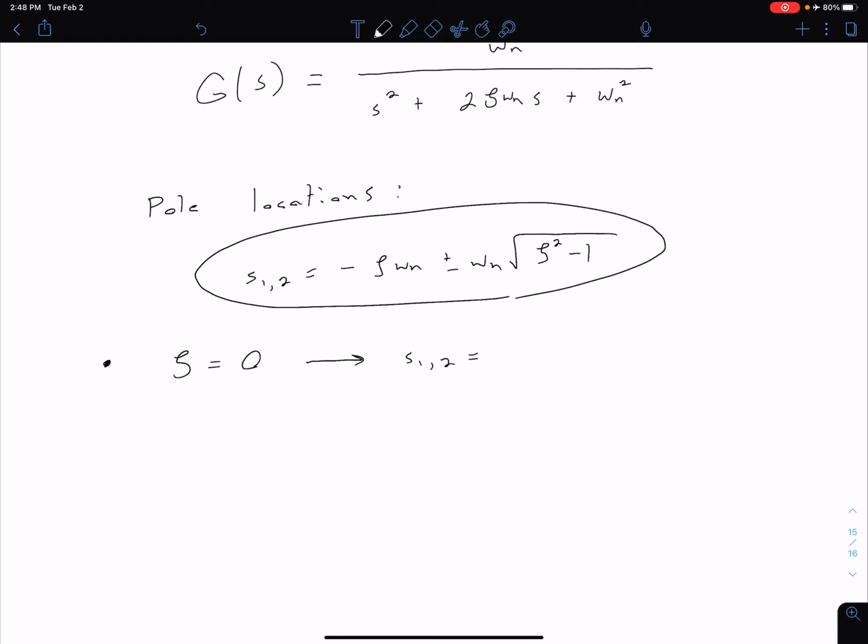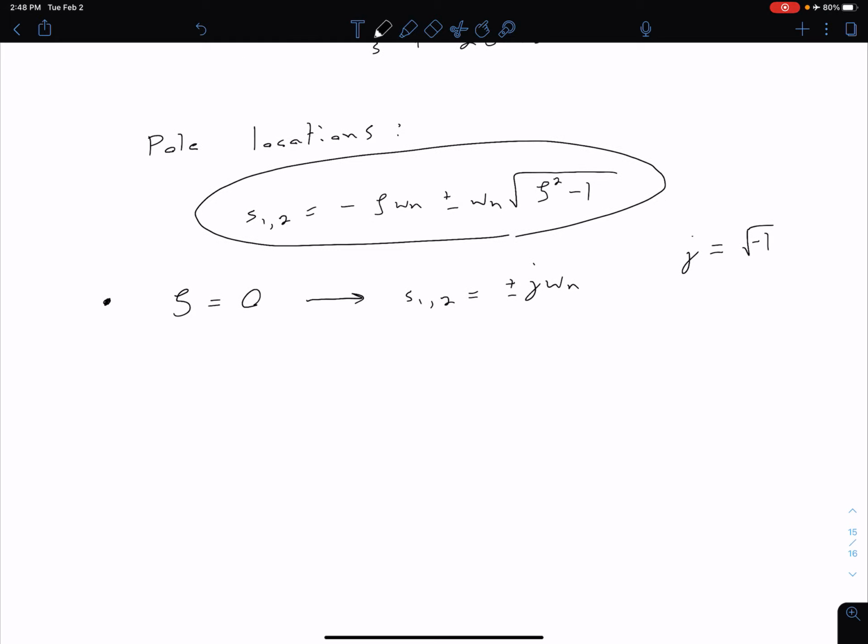Well, for s1 and s2, if this is 0, this term is going to go away. If we have 0 here, then we just have negative 1, so that becomes plus or minus j omega_n, where of course j is equal to the square root of negative 1, which is our imaginary number. If we have two imaginary poles, we know that means we have an undamped response.